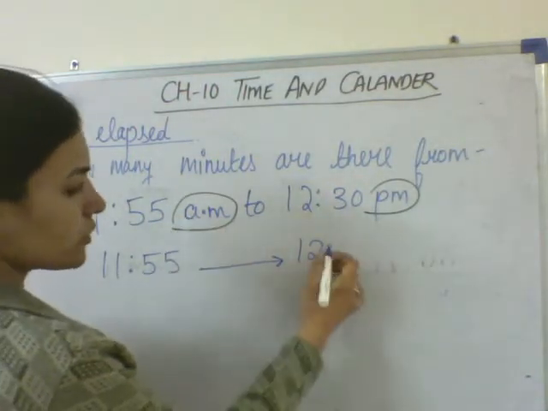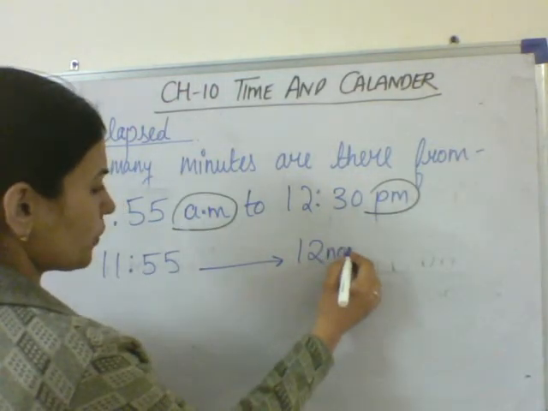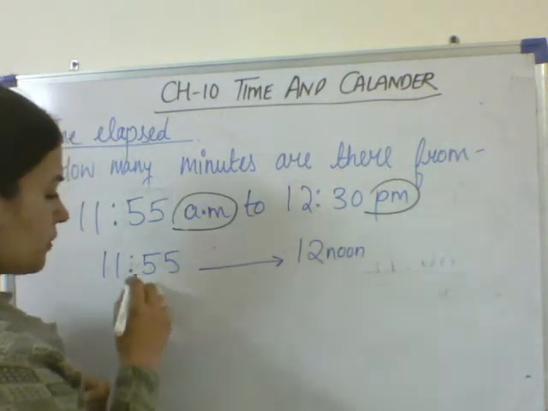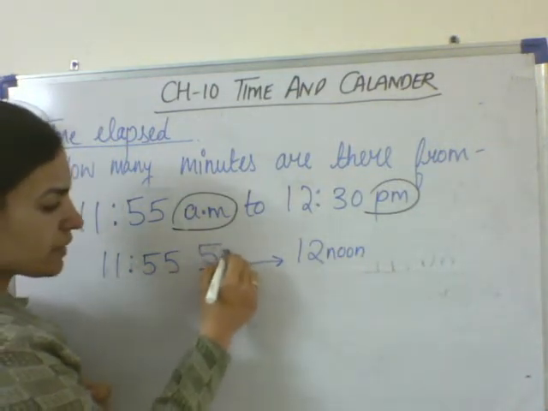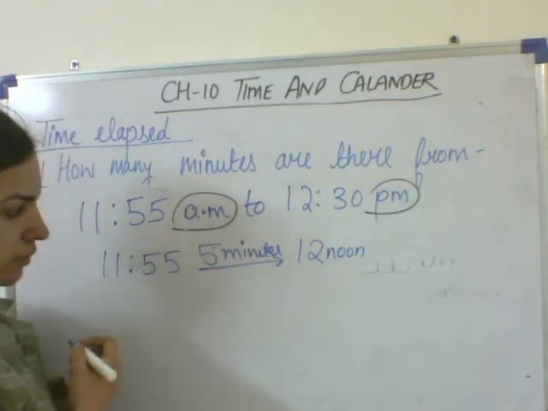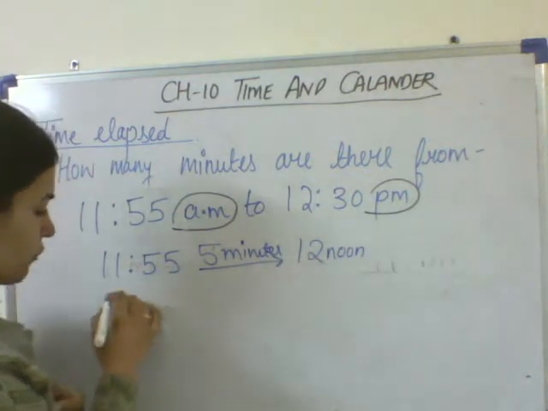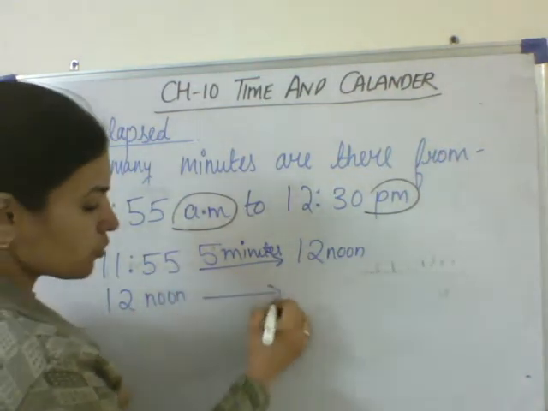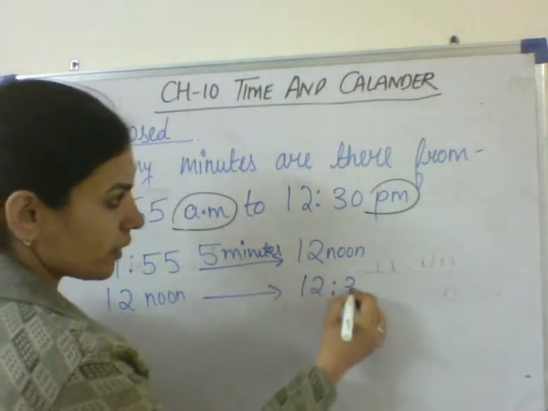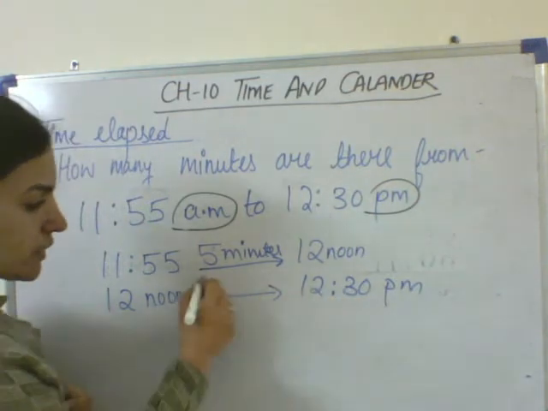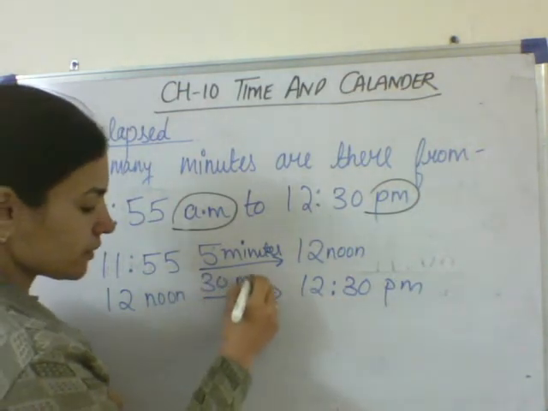It is AM, so it is 12 noon. There is a 5 minutes gap. And from 12 noon to 12:30 PM, how much difference is there? 30 minutes.